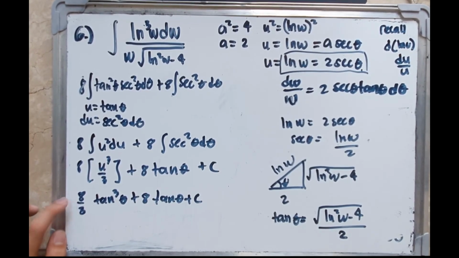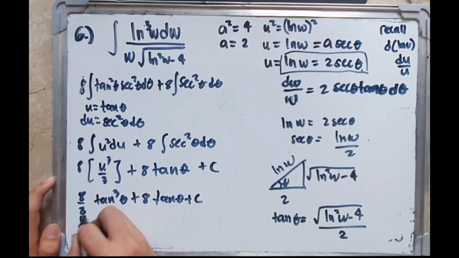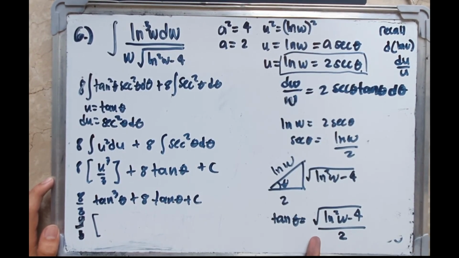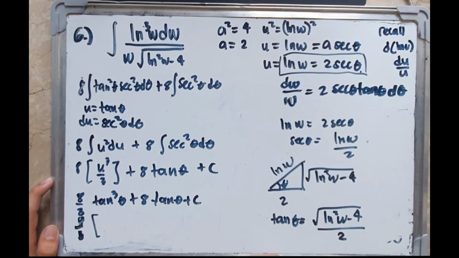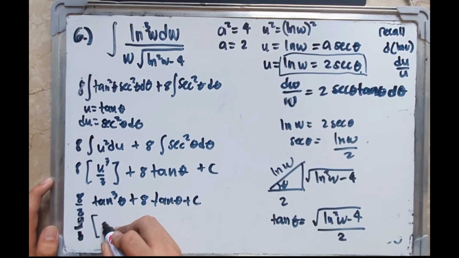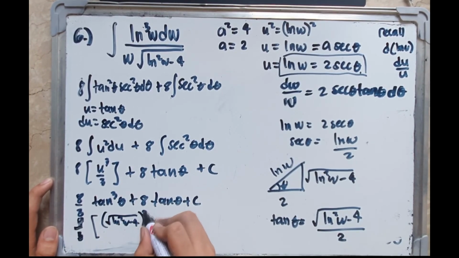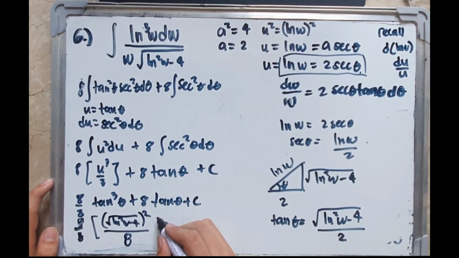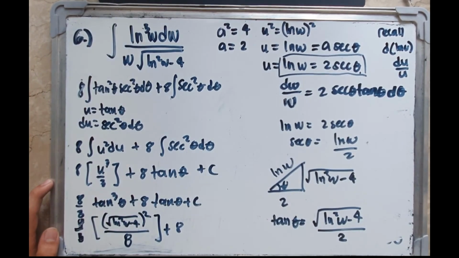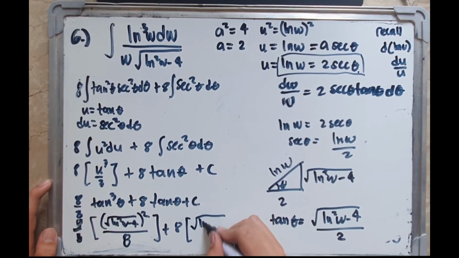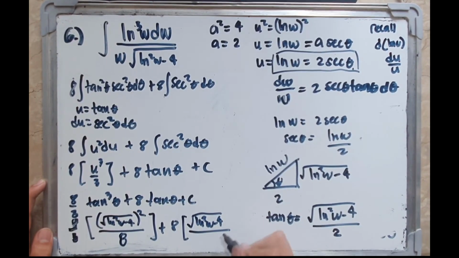Replacing, here we have 8 over 3 tangent cubed, so we will cube this one: the square root of ln squared w minus 4, cubed, over 2 cubed, that is 8, plus 8 tangent, which here is the square root of ln squared w minus 4 over 2, plus c.